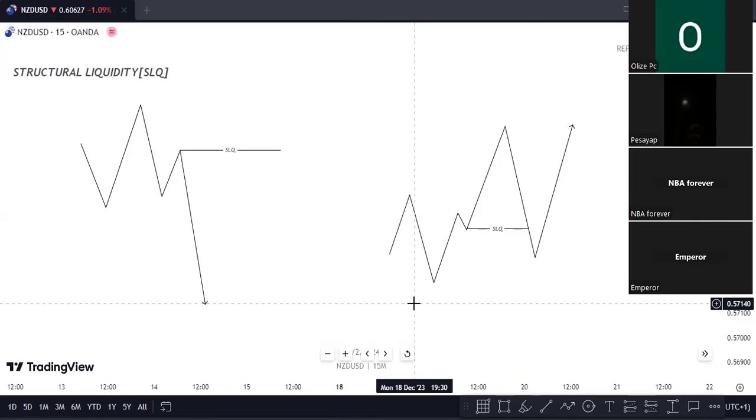If you understand the concept of inducement and trap, your inducements for your trading range, for your strong high or your main low or main high, the inducement or trap is just what is called the structural liquidity. Are you getting me? Yes, boss. It's just the trap or the inducement for the trading range to be valid. So once price takes your structural liquidity, that's when you have a continuation.